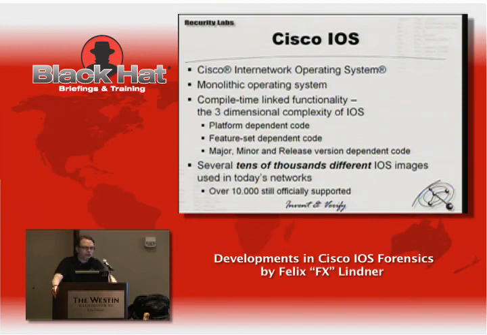And then again, you have something that's not even on the slides, which is trains. You have the main train, and then you have the technology train, which means you get the new features, but they guarantee even less about how well they work. And then you have some other trains, which ends up being tens of thousands: in production, in real-life networks, you have over 100,000 different IOS images used today.